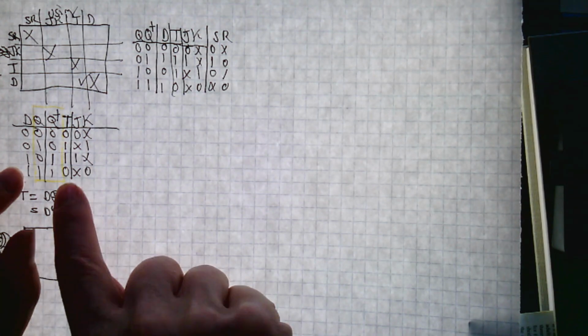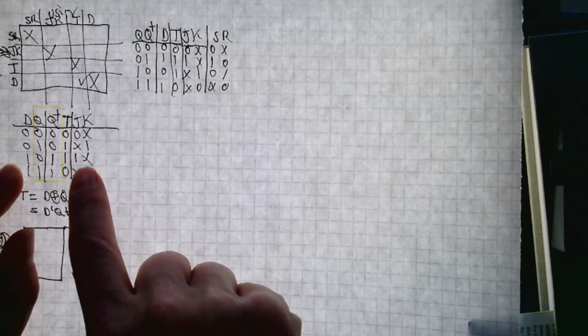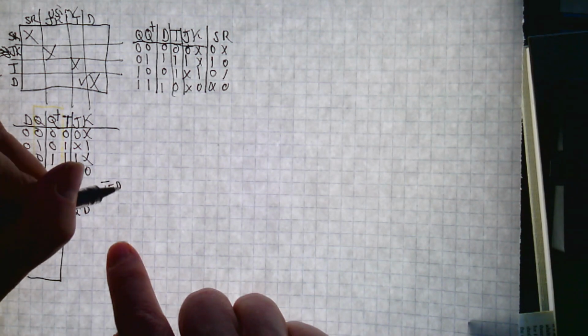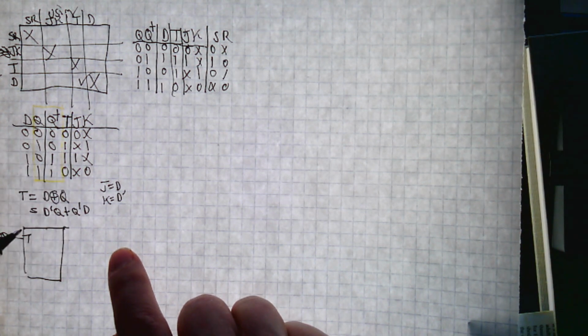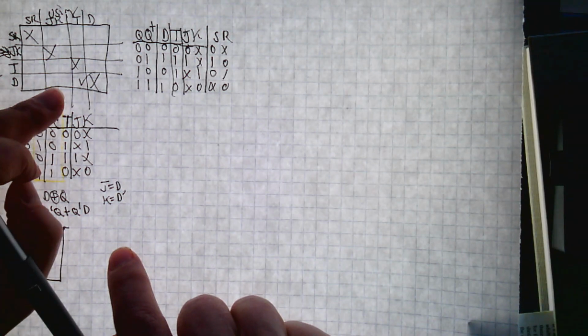That wouldn't necessarily be good. Suppose I said it was equal to D. Well, that's all right. I could make J equal to D. And then K could be D prime. So if J equals D and K equals D prime, my goal is to implement a D flip-flop using a JK flip-flop.